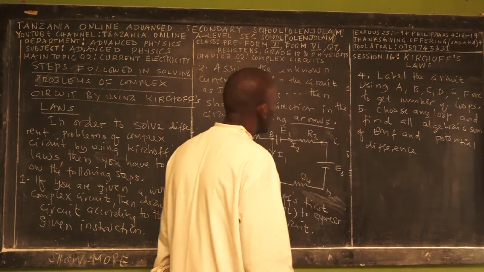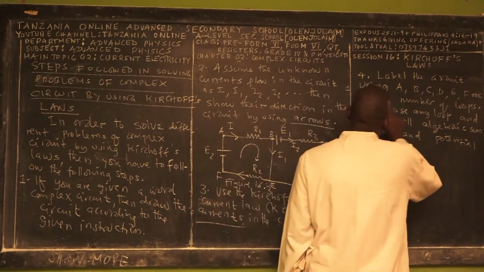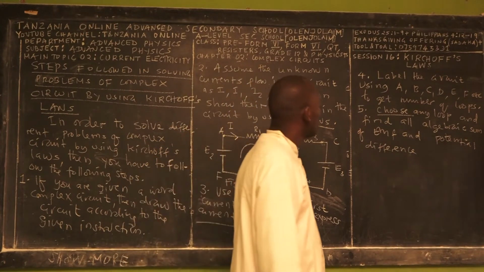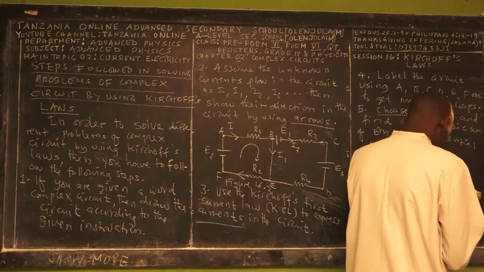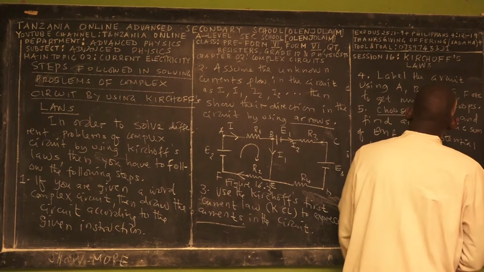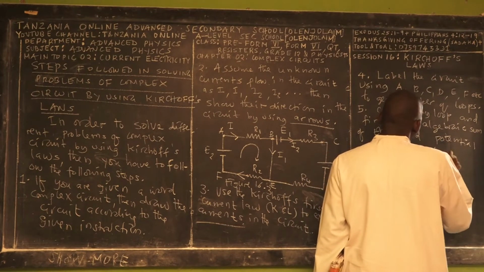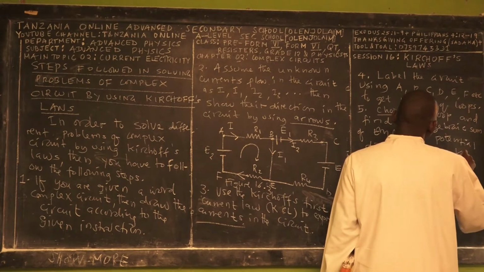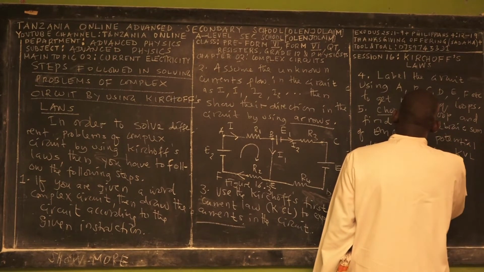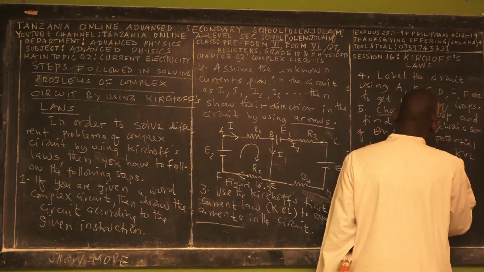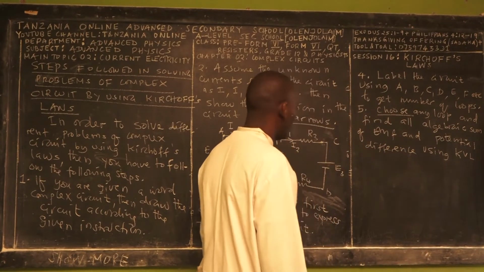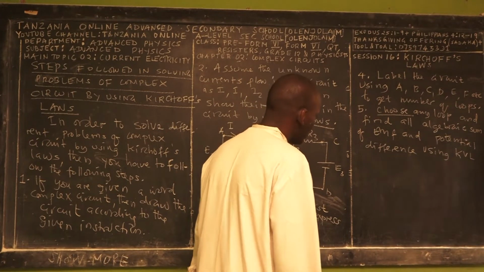So, choose any loop, you're allowed to choose any loop, and find all algebraic sum of electromotive forces and potential differences.